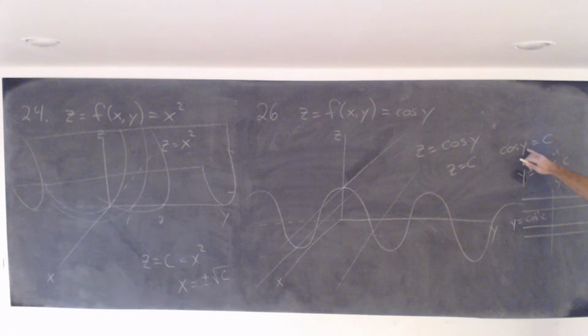If y is pi over 2, or if y is pi over 3, or if y is pi, that kind of thing, right? These are horizontal lines.